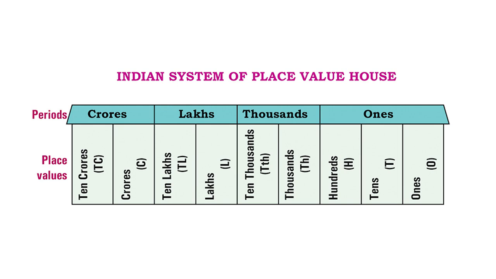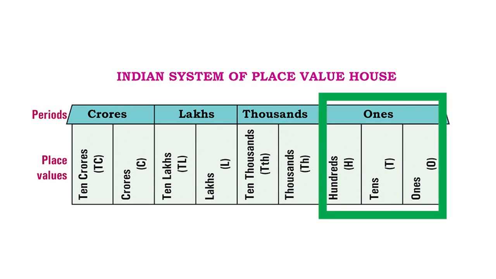Right above the place value, can you see something called periods? A group of place values are grouped together to form periods. So in the Indian system, we have the ones period, that is the group of ones, tens and hundreds.